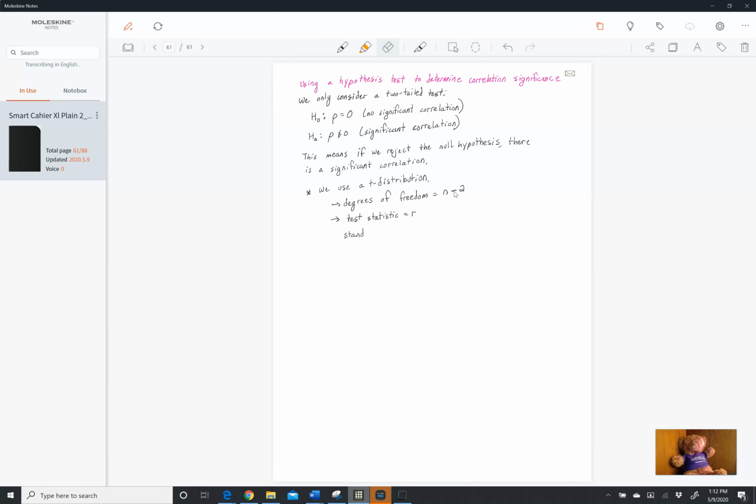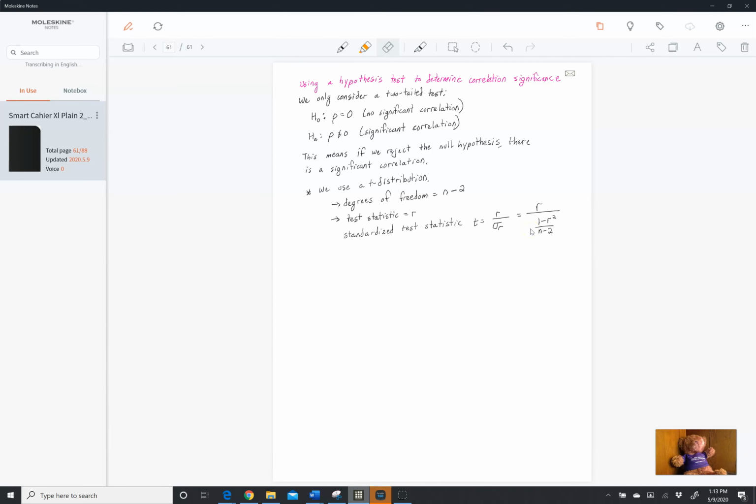The standardized test statistic is your R over that standard deviation. And the way that we find that is the square root of 1 minus R squared over n minus 2. That square root goes over the whole thing.